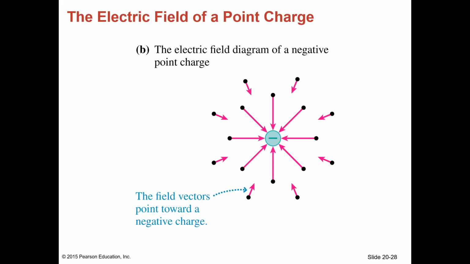Because they are unlike charges, this is positive and that's negative, they attract. So these charges tend to move towards the negative. Those arrows show the direction along which the test charge tends to move. And if you see the size of the arrow, the closer the test charge, the longer the arrow. The farther the test charge, the shorter the arrow. So the arrows also show the strength of the attraction.